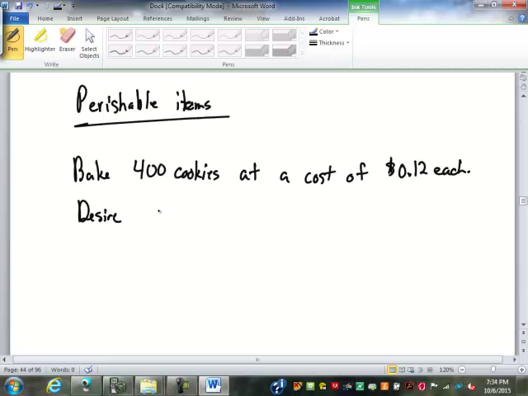Let's say we desire an 80% markup on cost. And from experience, we expect that 20% will spoil before sold.